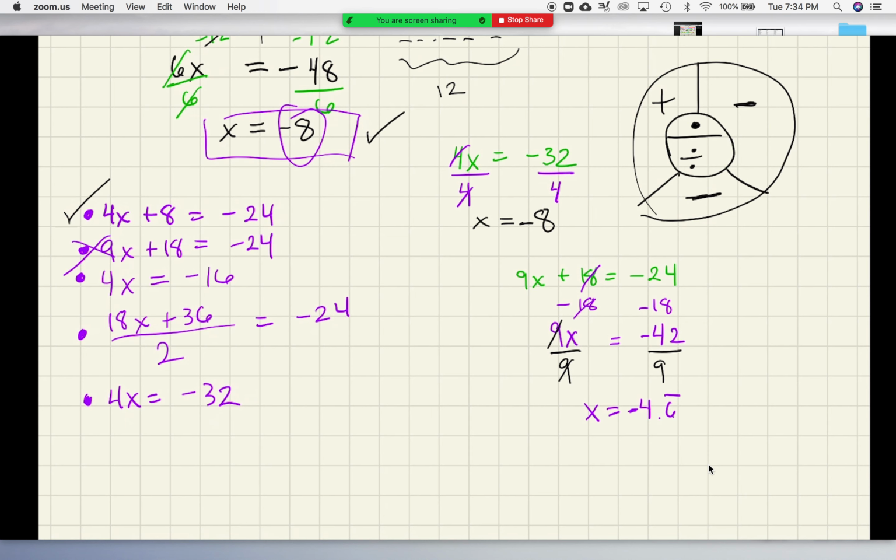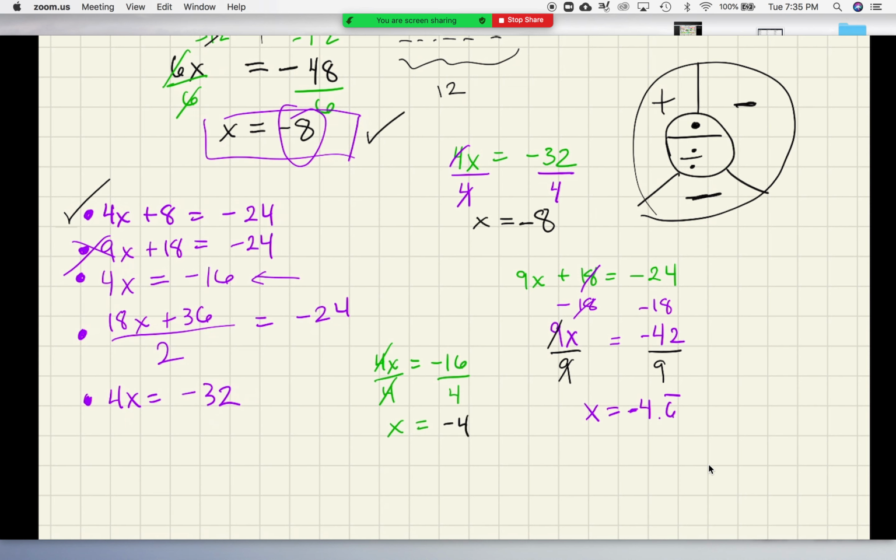What about the third one? This is a quick one, right? There's 16, so I'll do the 4, divided by 4, cross that out. 16 divided by 4. Well, that one's wrong.